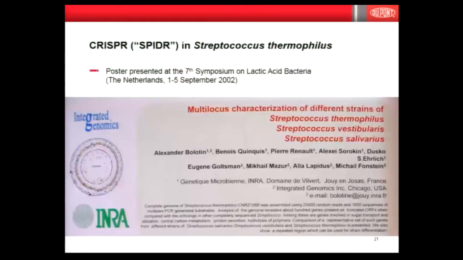One of my missions when I started at Rhodia Food was to differentiate strains belonging to this species. And I noticed on this poster the presence of those spacers and CRISPR repeats, so I took a picture of the poster and went back to the lab.